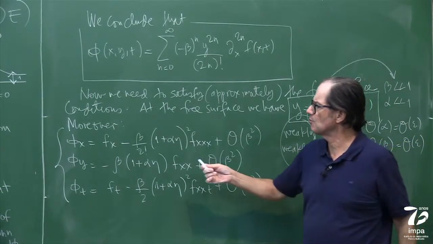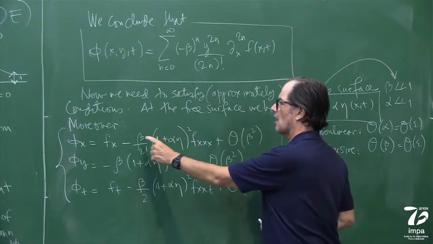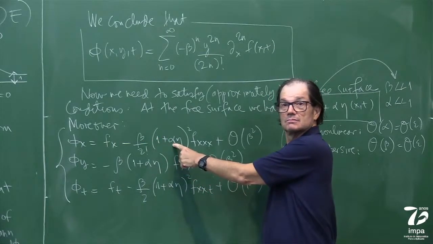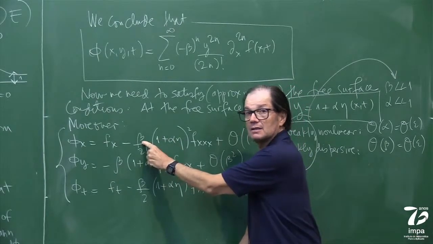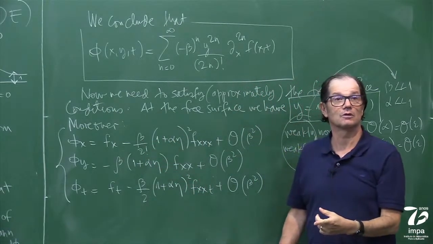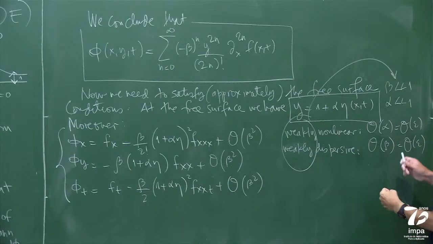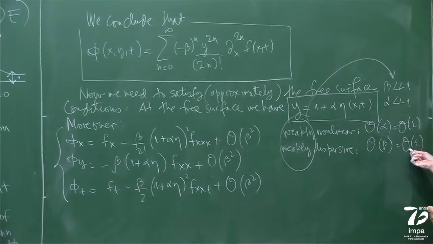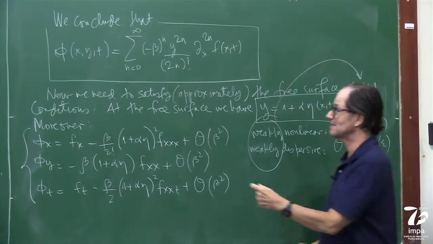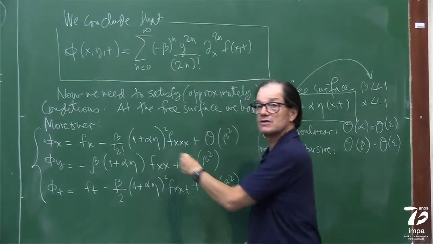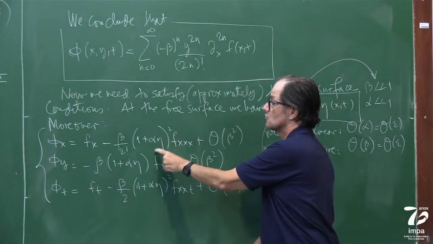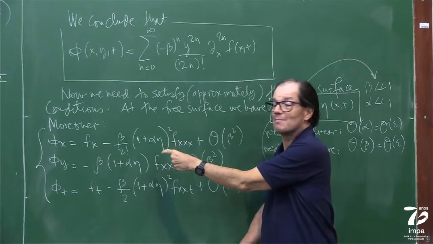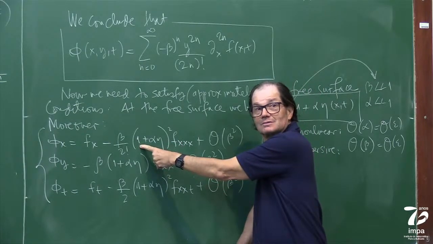So you see, I'm only writing the first terms here in alpha and beta, even though you can already see that this term here, alpha beta, is already second order. Because if alpha and beta are order epsilon, this guy here, beta alpha, is going to be order epsilon squared. Well, this guy's already squared. So the only guy that's going to matter here is this one.